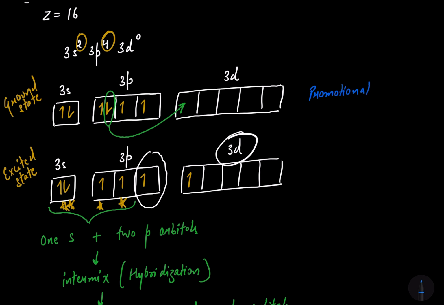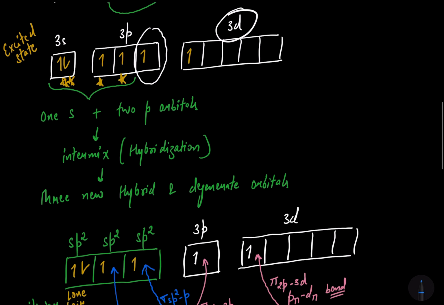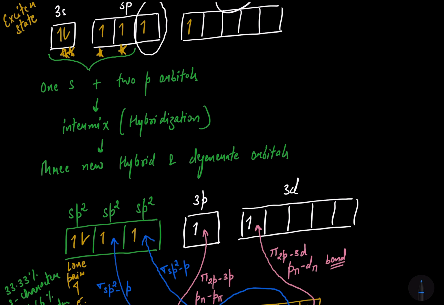That's the promotional energy that has been consumed. And the other endothermic process is the intermixing of atomic orbitals to form the hybrid orbitals. So that's also an endothermic process which will consume hybridization energy. So here energy consumed is hybridization energy. So I am writing hybridization energy is consumed.